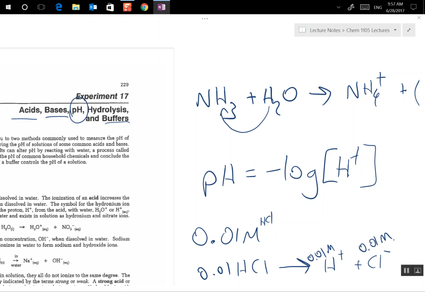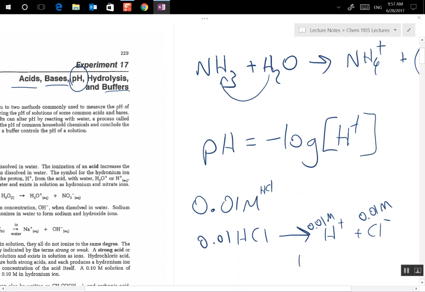What's the log of 0.01? Anybody? If we put it into scientific notation, it'll become more obvious: 1 times 10 to the negative 2. So what's the pH? 2.